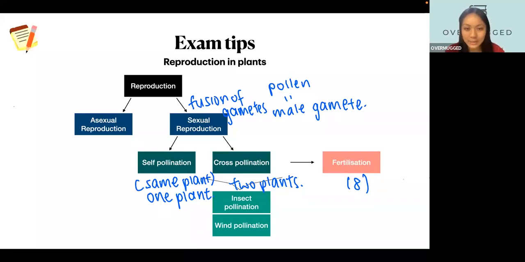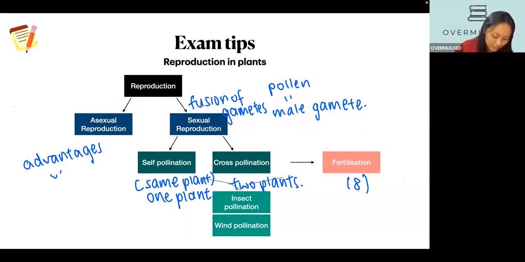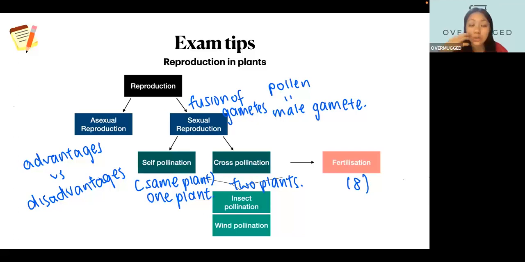Other than whatever is showing here, another factor is the pros and cons, advantages and disadvantages. That is also sometimes tested: what are the advantages of asexual reproduction versus sexual reproduction, self-pollination versus cross-pollination?